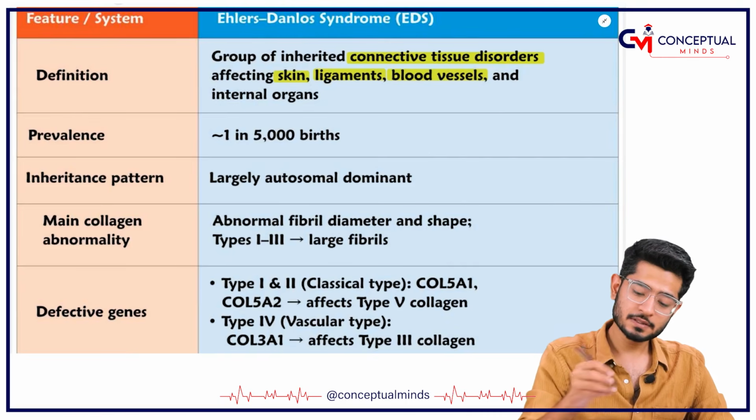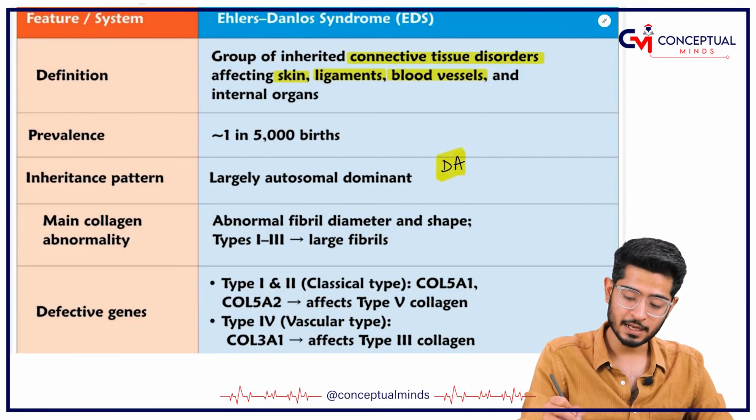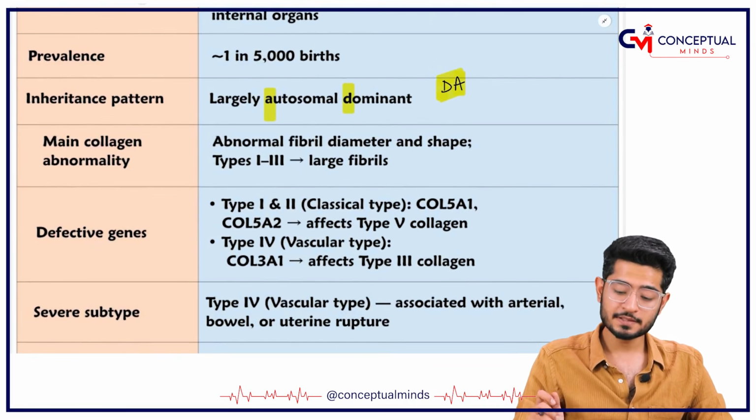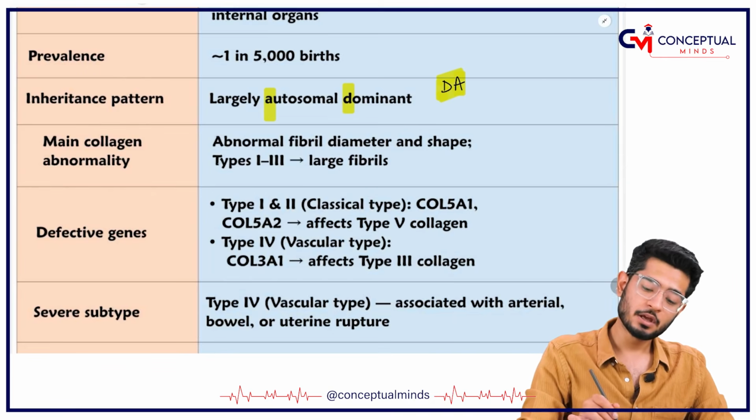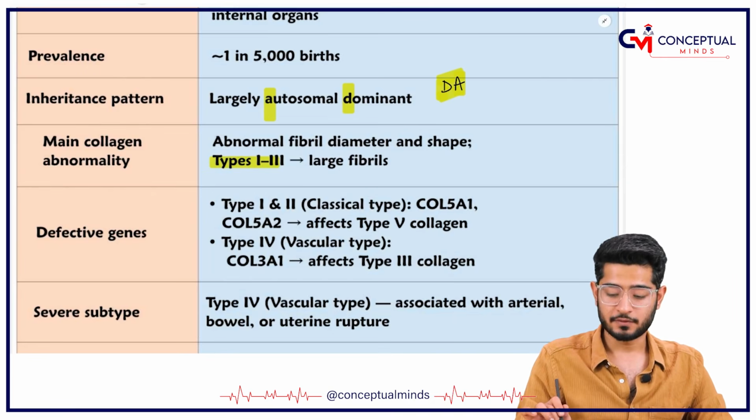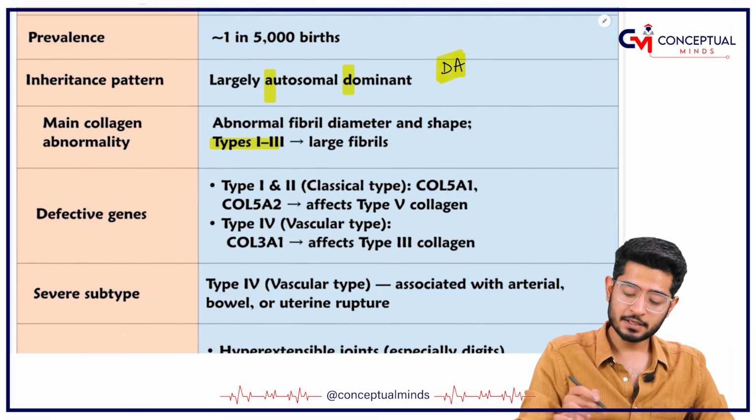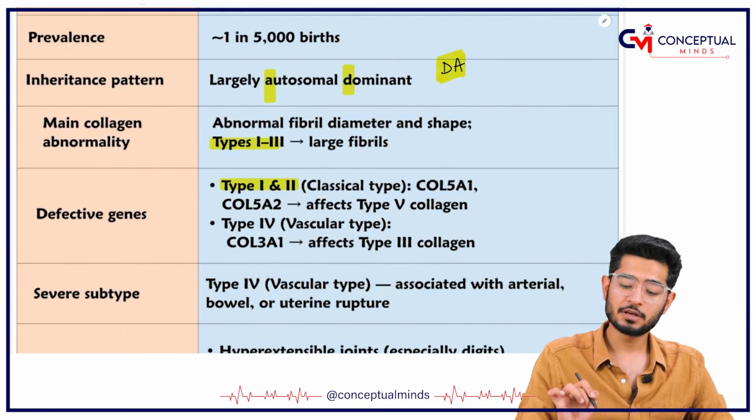Now Ehlers-Danlos syndrome: Danlos, D and A coming together, you can remember with the help of D and A and D, that is autosomal dominant. Then what is the problem? The problem is in the collagen fibers. Type 1 and type 3 collagen are mostly affected.